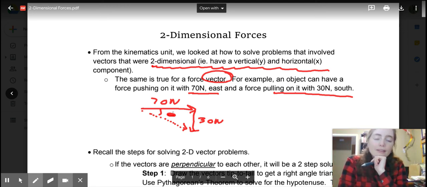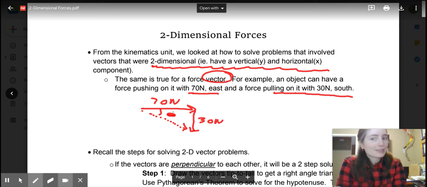The thing about having vectors in 2D is that some are going to be perpendicular to each other and some are not. When they're not perpendicular, can we simply draw them tip to tail and, Bob's your uncle, use Pythagorean theorem and trig? Nope.